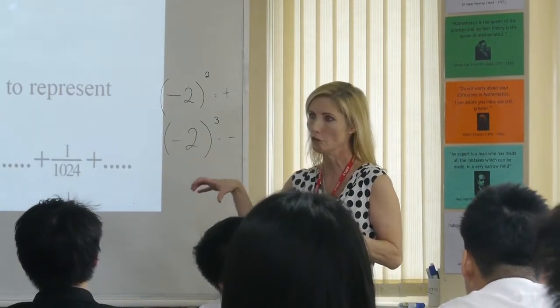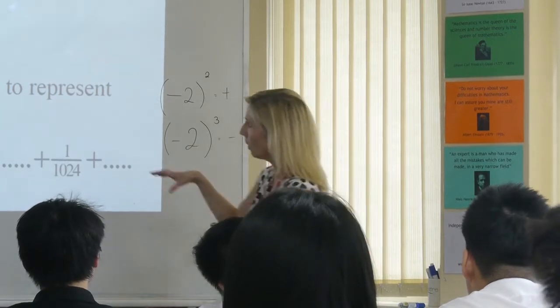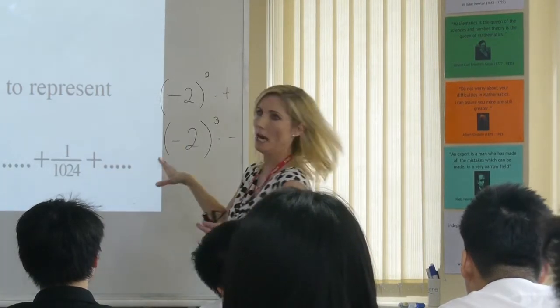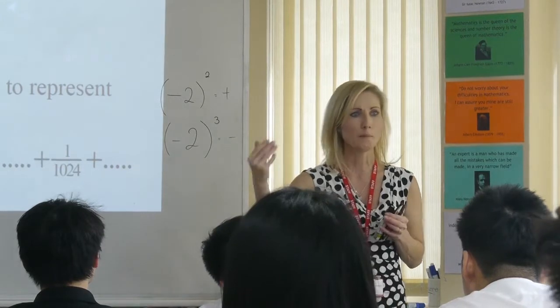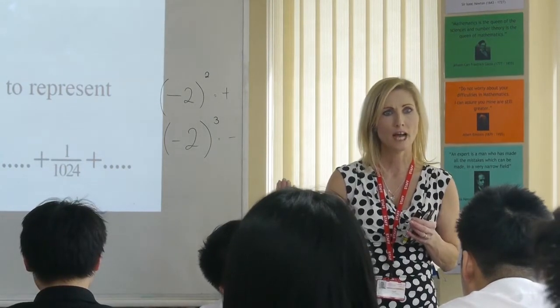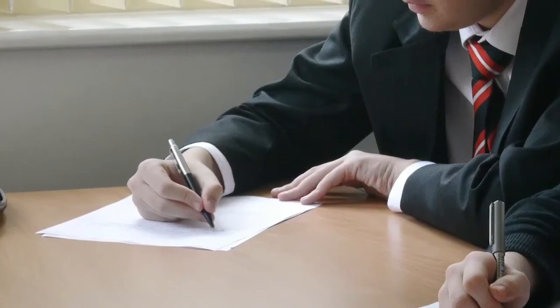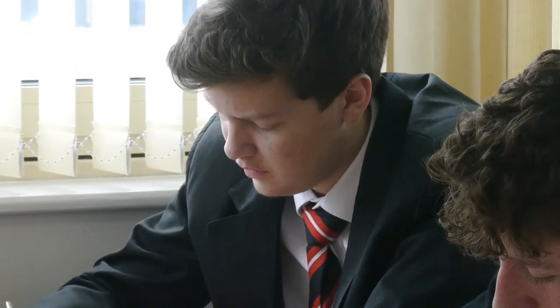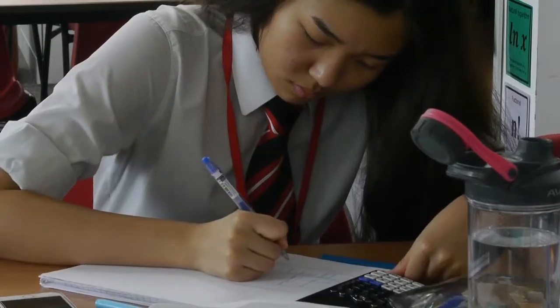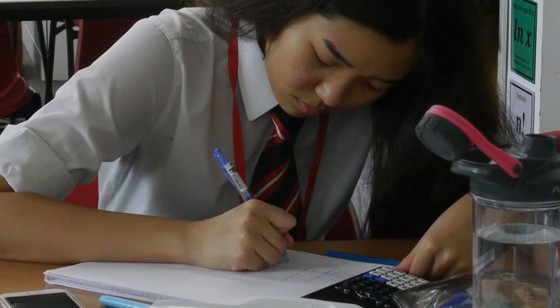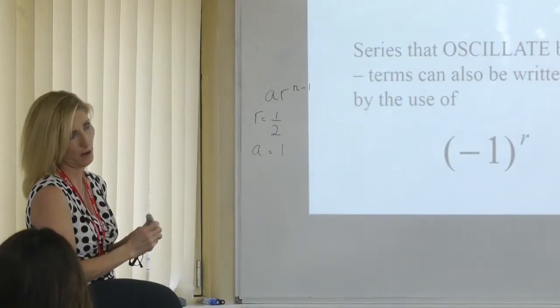We need to try and incorporate that. So how can we do that? What do we need to raise to a power of r? So, oscillating terms: if we firstly think of it as considering the oscillation with just simply minus 1 to the power of r.